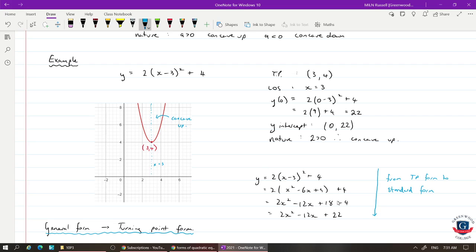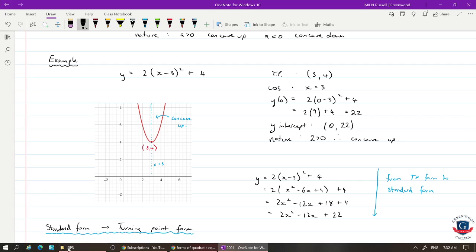Multiply out the 2, simplify this, and you get that equation there. It also helps verify that the y-intercept will be 22, as per what we found there. Now, we can see that it's quite easy to get from turning point form to standard form.